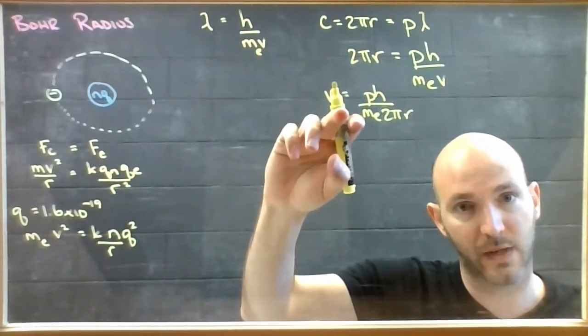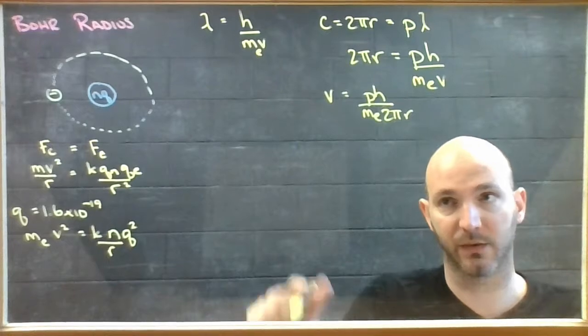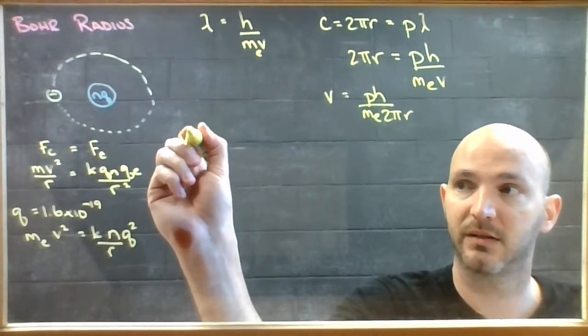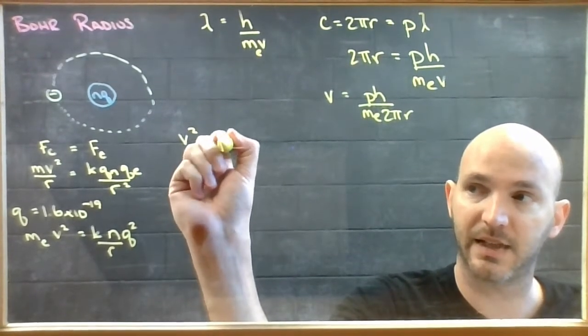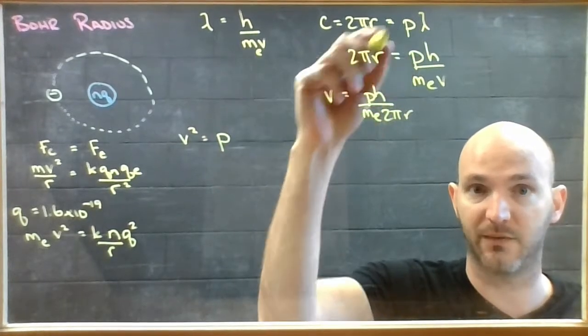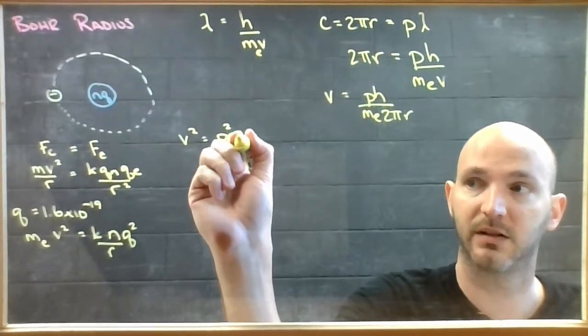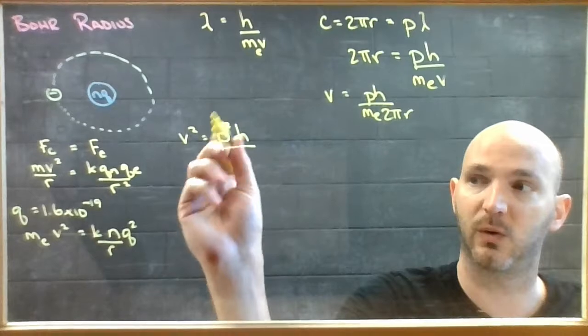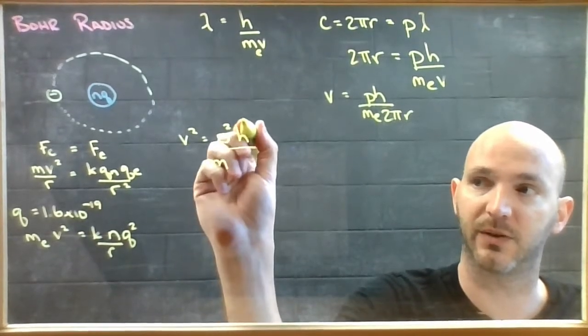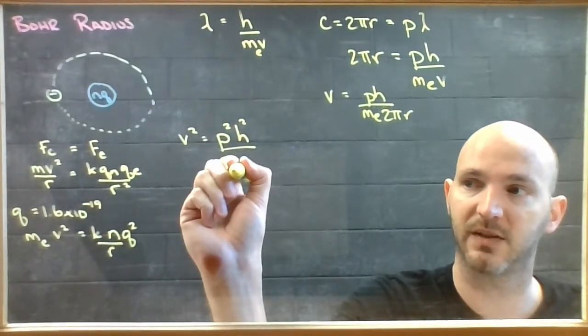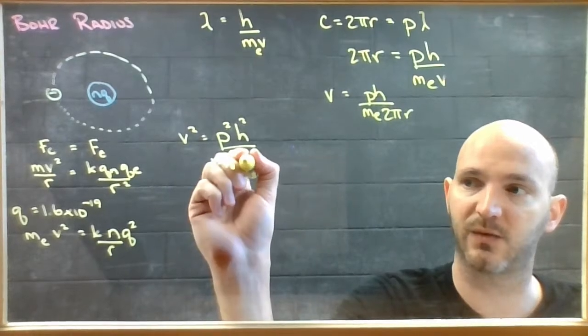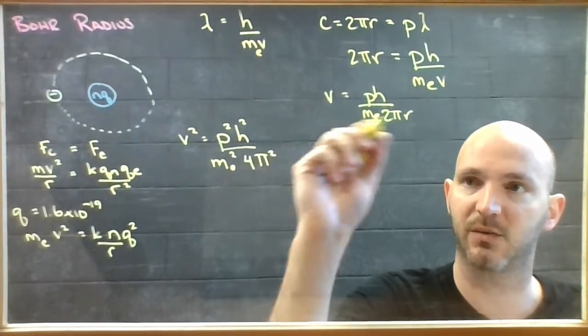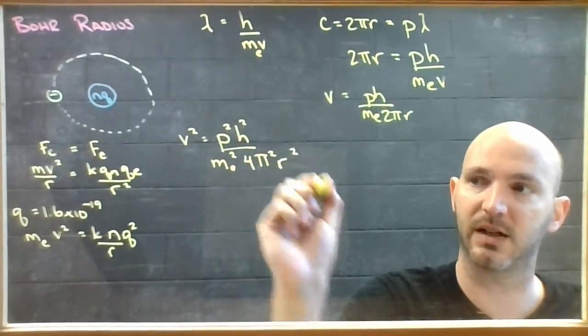And I'm going to square this thing so that I can shove it in over here. So v squared would be that number of wavelengths squared, h squared, over the mass of the electron squared, because I'm squaring everything, mass of the electron squared, 2 squared is 4, pi squared is pi squared, r squared is r squared.